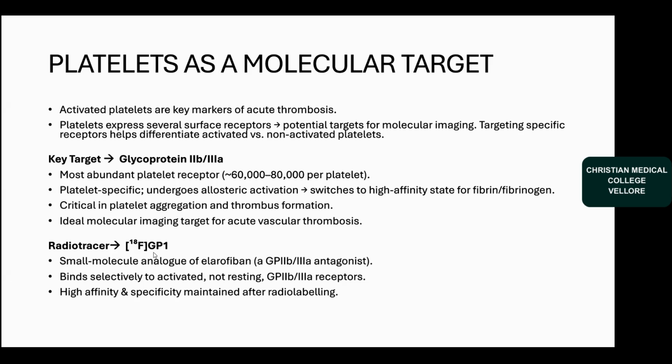The radiotracer which targets this glycoprotein 2B3A receptor is F18 GP1. It is a small molecule analog of Elarofiban, which is a GP2B3A antagonist. It binds selectively to activated platelets, which have these receptors, and it has high affinity and specificity even after radiolabeling.